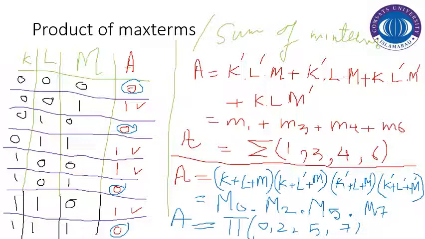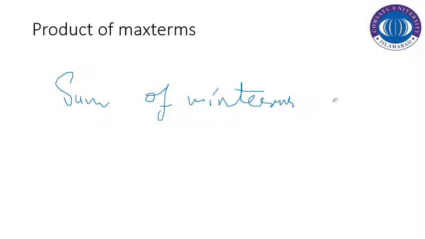Now we've got two different representations of the same truth table. Either we can represent it in sum of min terms format, or in terms of product of max terms. Basically sum of min terms and product of max terms are opposite to each other.